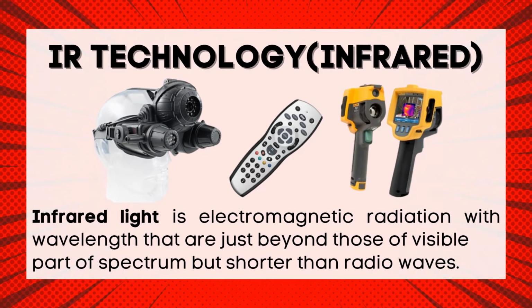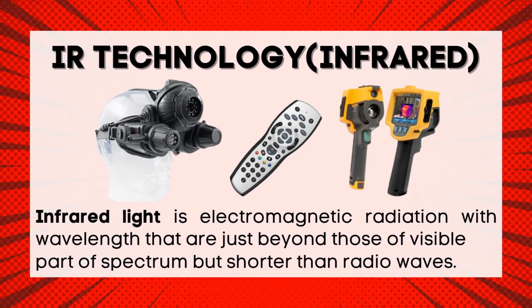Infrared light is an electromagnetic radiation with wavelengths that are just beyond those of the visible part of the spectrum, but shorter than radio waves. It transmits data signals through light emitting diodes, or LEDs, and has a wavelength from 700 nanometers to 1 millimeter. So that is again our infrared.